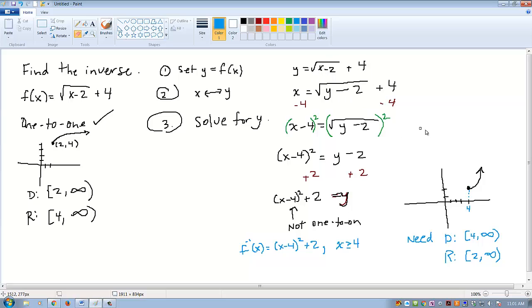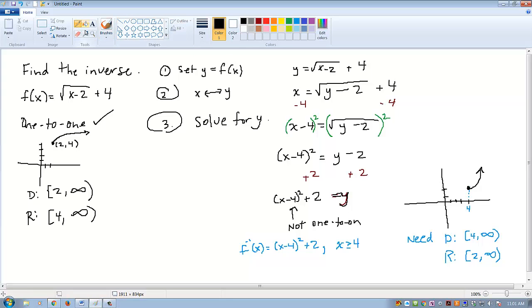Now, you could put it on the same graph, and you would see that they are a reflection of one another, especially if you're using graph paper. But the only other step is, just number 4 here.